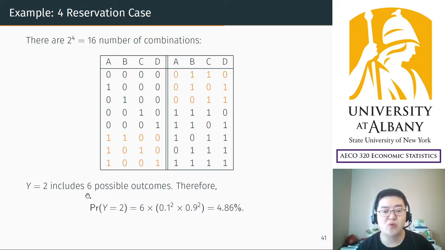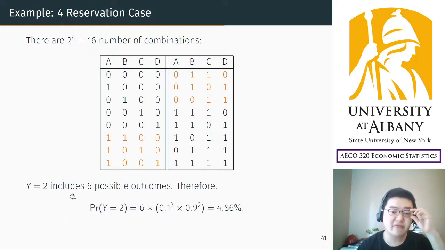Then if you know that there are 6 possible outcomes, the answer is 6 times the probability of a single outcome. There are 6 outcomes, and each of them has this much probability. So the final answer is 4.86. Then you may think, okay, now it gets weird, because there are six possible outcomes, which is clear if you write down all possibilities.